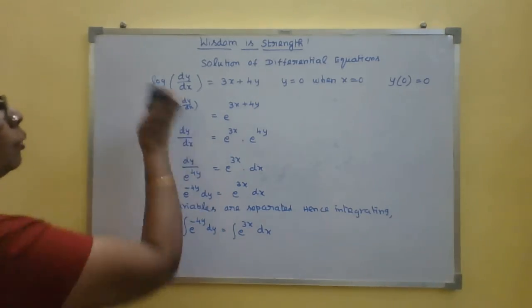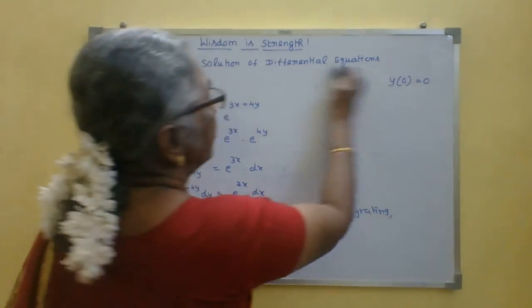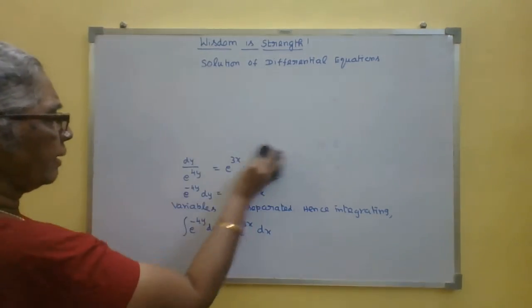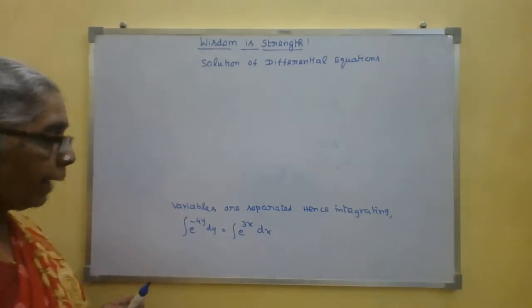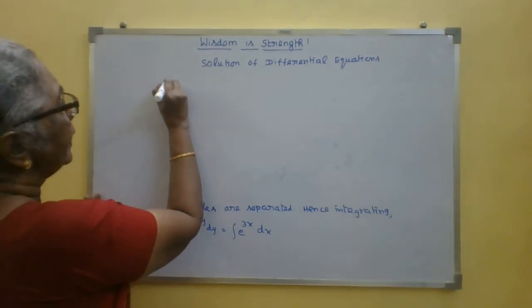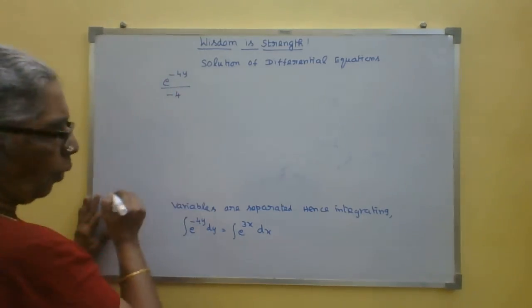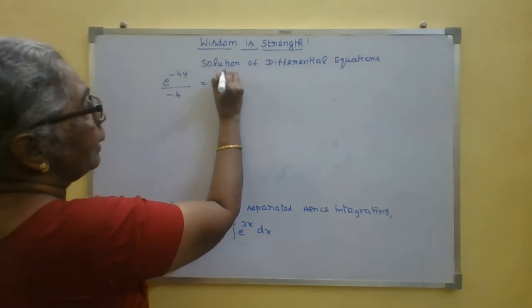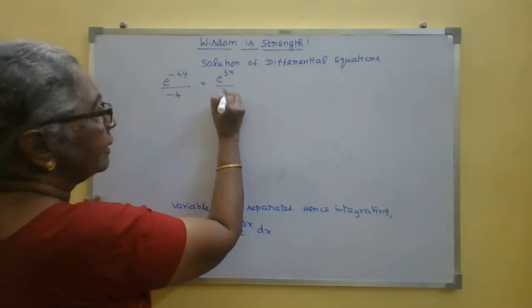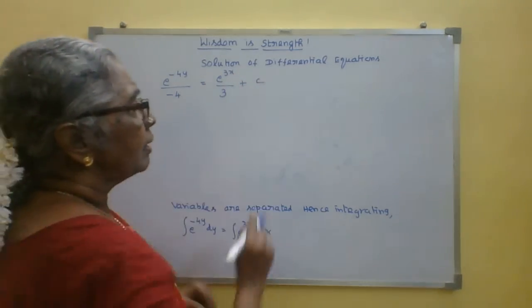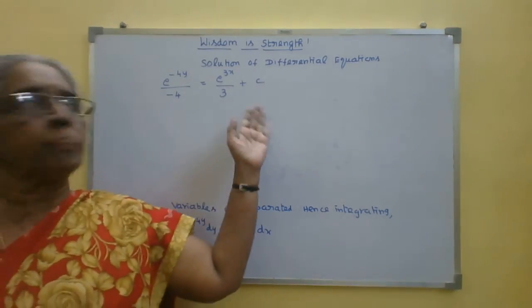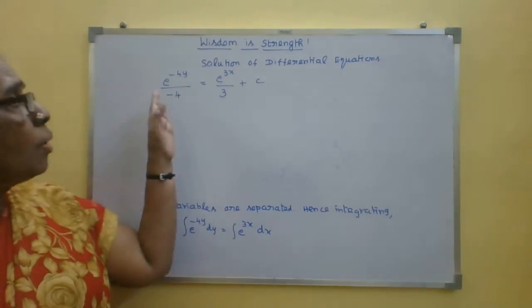Okay. So now when we integrate, you integrate that e power minus 4y, you will be getting e power minus 4y by minus 4, that is equal to e power 3x by 3 plus c. Here there is no log, so I have put just one c here. So I have got this.